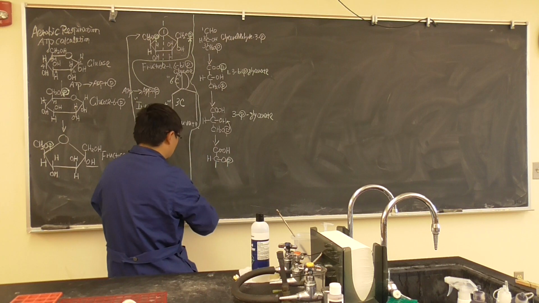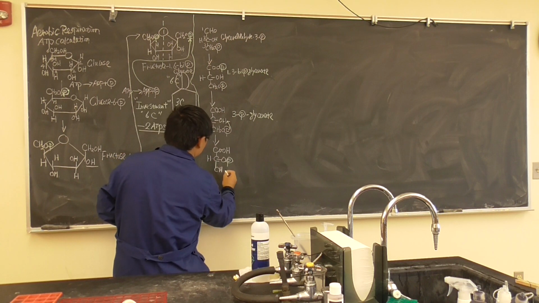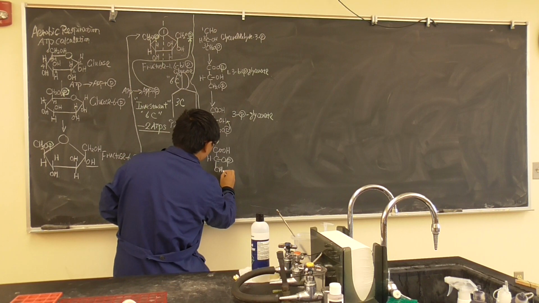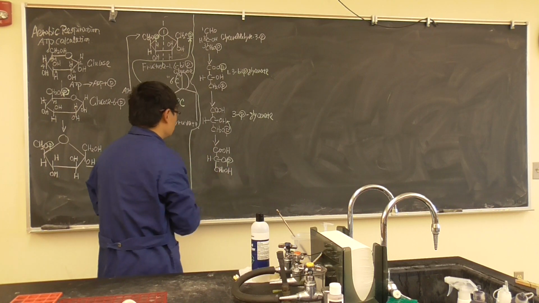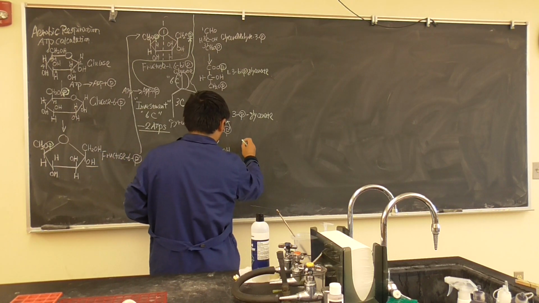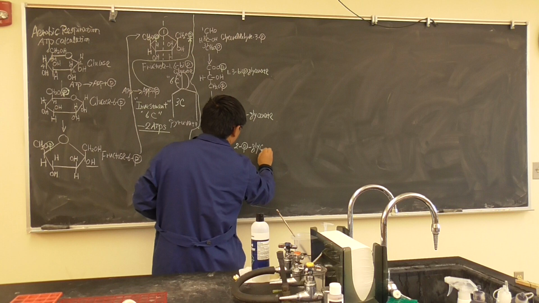Then you go down here, you have CH, because it's moved up, so we become CH2OH. So that's what we become: 2-phosphoglycerate.